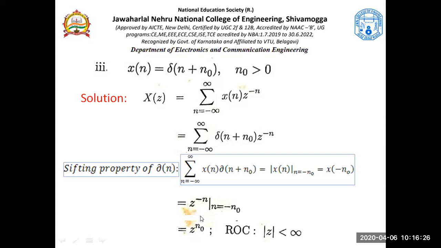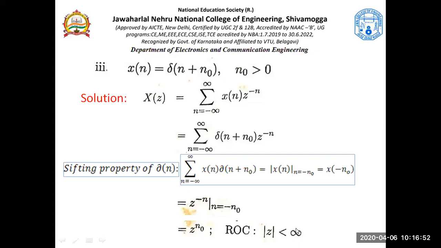Except z equal to infinity, all other values of z would form ROC. How to represent that? It can be represented like this: all the values of z. If it is magnitude, you should read it like that. It's all the values of z except z equal to infinity.